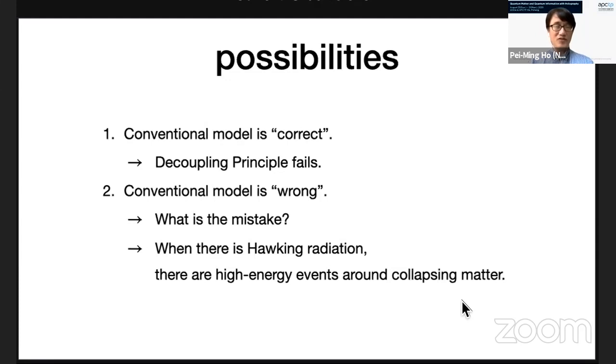There's something they need to check, but they didn't check. But again, the minimal resolution we need is that whenever there is Hawking radiation, there must be high energy events around collapsing matter in order to resolve the information loss paradox. So that's the end of my first lecture.